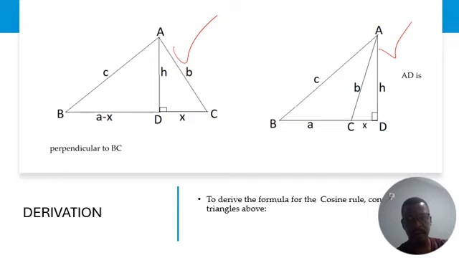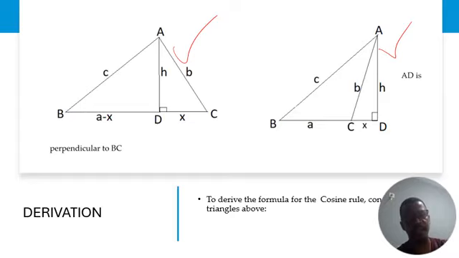Okay, so to derive the formula in this scenario, we are going to consider these triangles. But in these triangles, you will see that AD is perpendicular to BC. AD has been made to be perpendicular to BC.